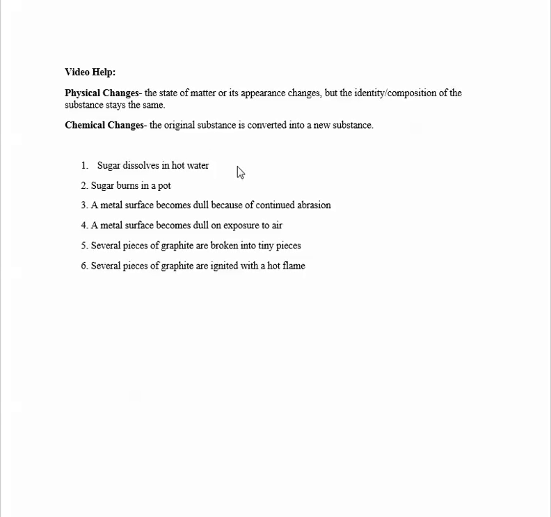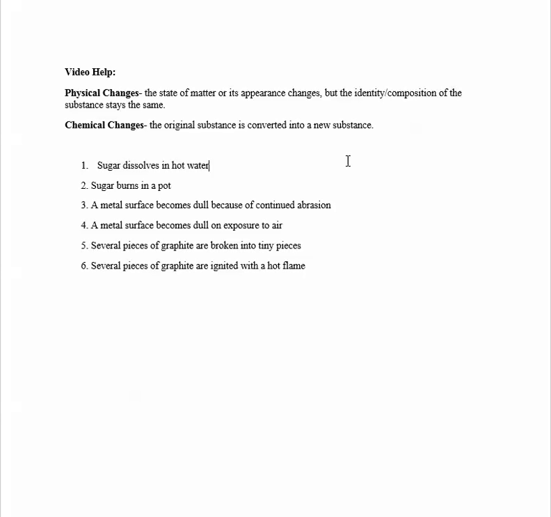Chemical changes, what happens during a chemical change is that the original substance is going to be converted into a new substance. And so chemical changes are actually what we're going to be studying mostly this year. If we go through these, when we're talking about sugar dissolves in hot water, the process of dissolving, whenever you take a compound or an element, mostly compounds, well, always compounds, and you dissolve them into water, the sugar's identity does not change.